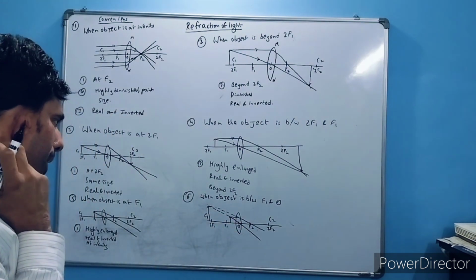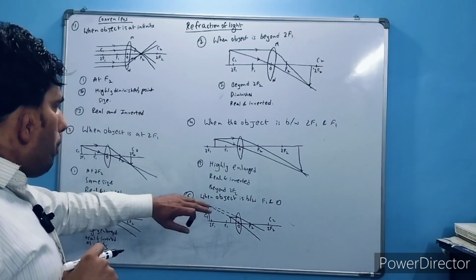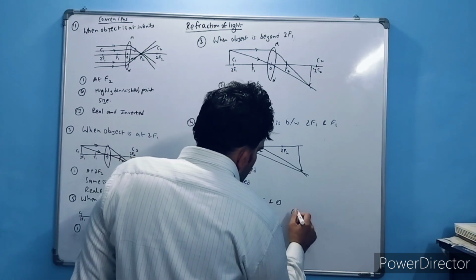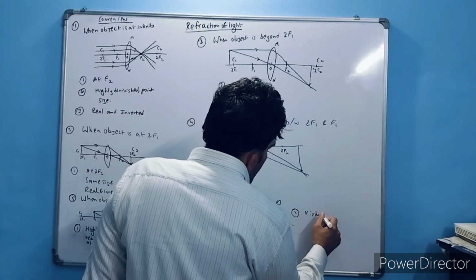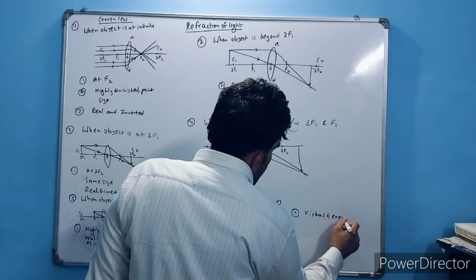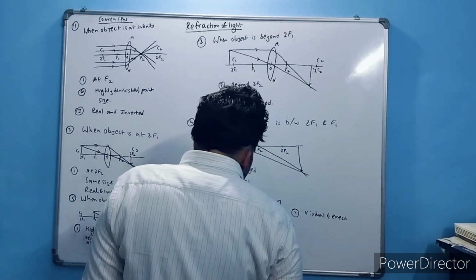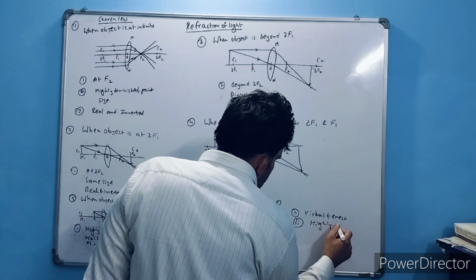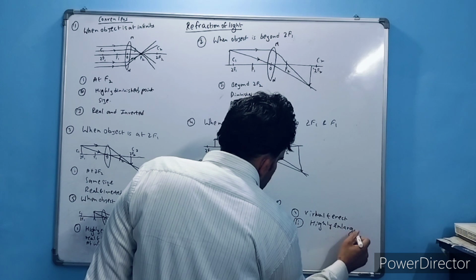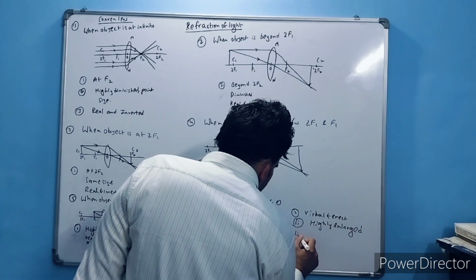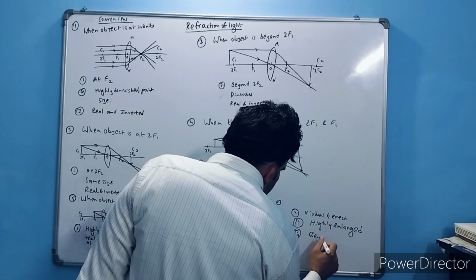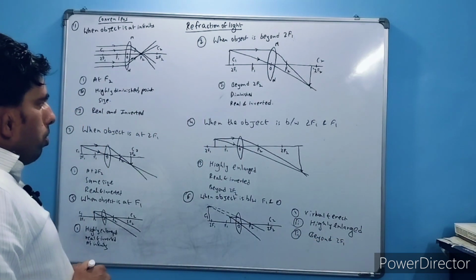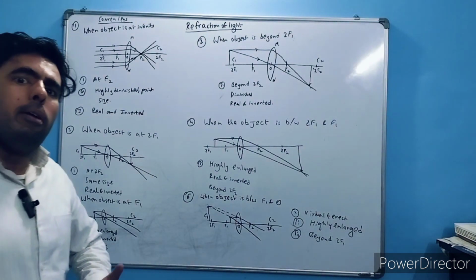Okay, so we can see here that the image will form beyond 2F1. First thing, the image will be virtual and erect. Second thing, highly enlarged. And third, it will form at 2F1. So these are the 6 cases we have just studied.